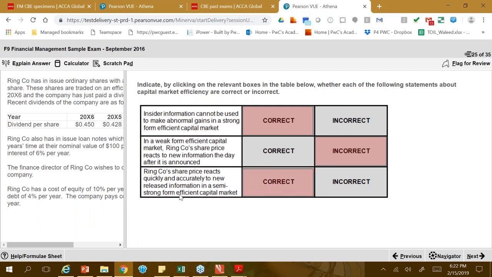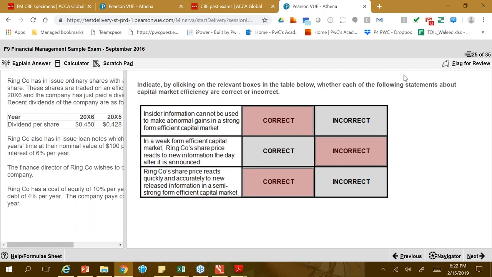Yes, because in a semi-strong capital market, we are looking at the past information plus any published information. So as soon as the published information comes, the share price reacts to that. And insider information cannot be used to make gains in a strong form efficient capital market.